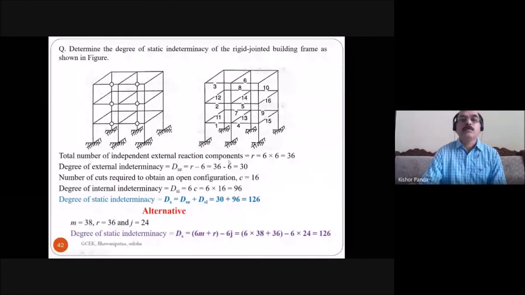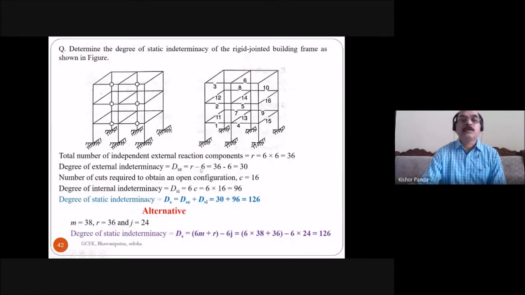Total reaction is 6 into 6, that is 36. Then find the degree of external static indeterminacy. DSE is equal to R minus 6, because here 6 static equilibrium equations are available to solve the external reaction components.